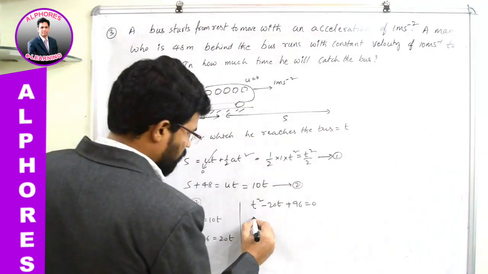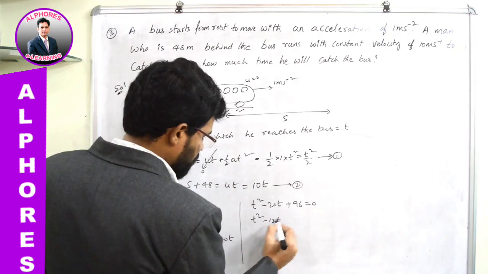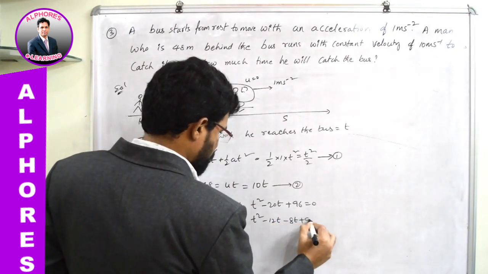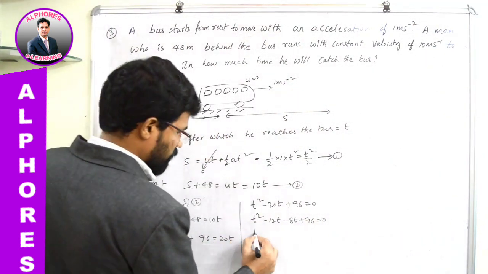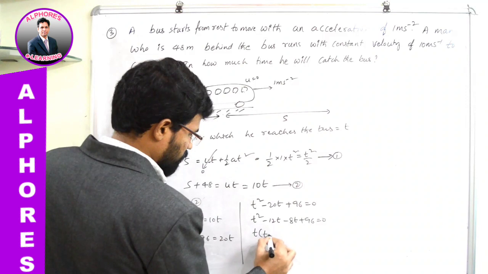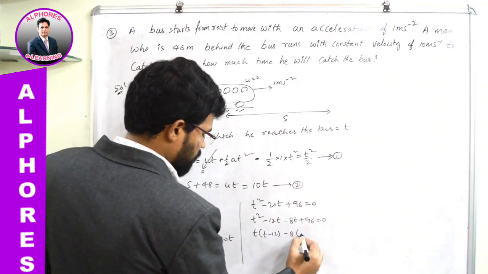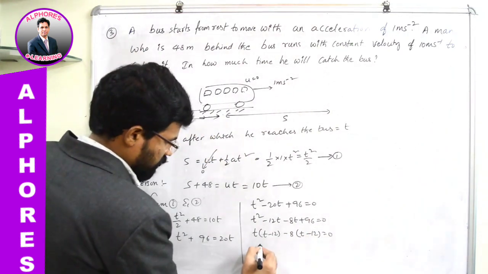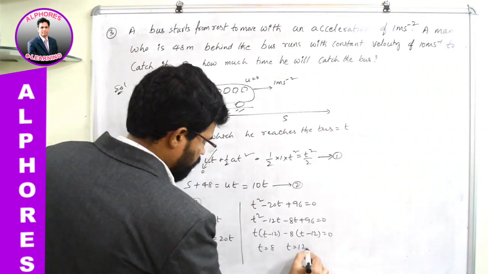Now I'll split the middle term. t square minus 12t minus 8t plus 96 equal to 0. This is how it can be written. So t into (t minus 12) minus 8 into (t minus 12) equals 0. That's how the equation can be written. Therefore, t is equal to 8 and t is equal to 12.